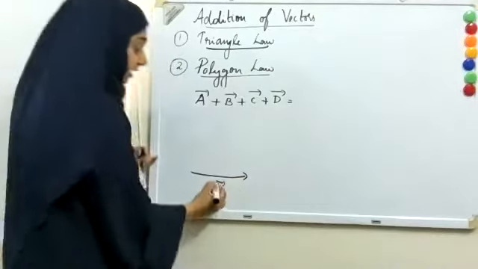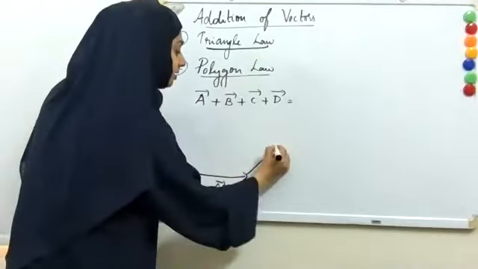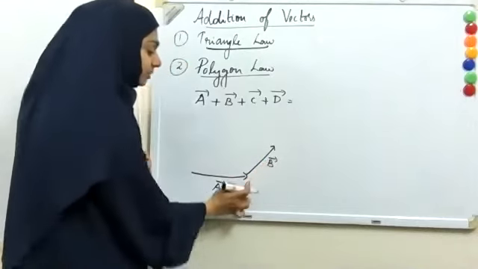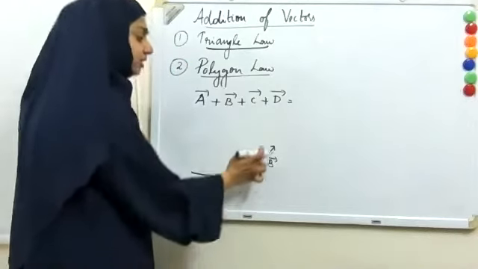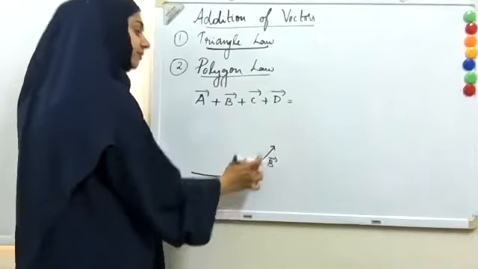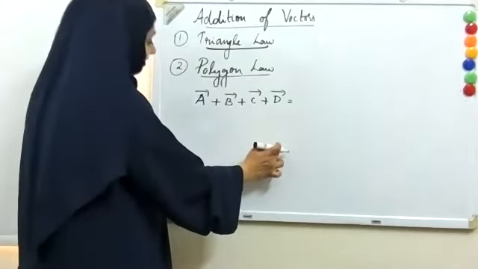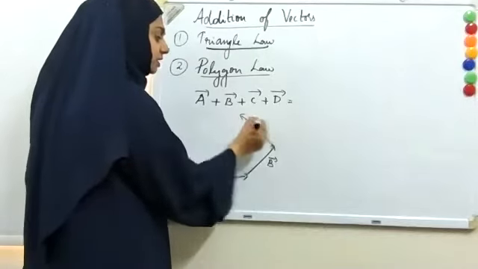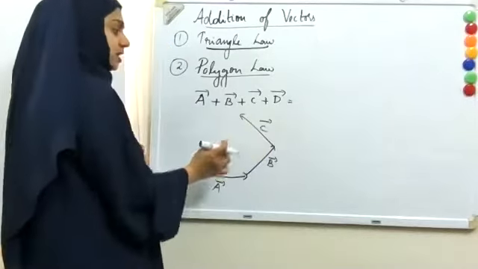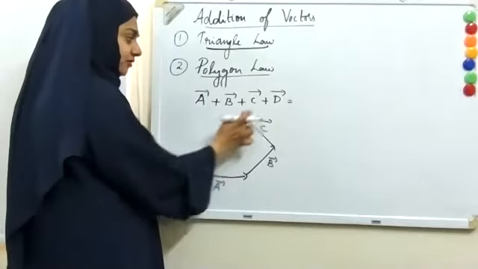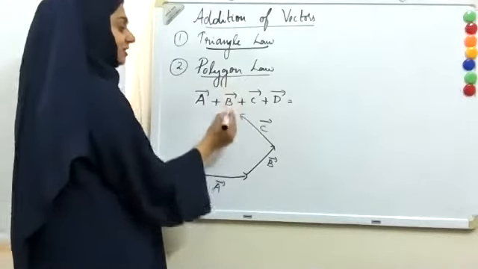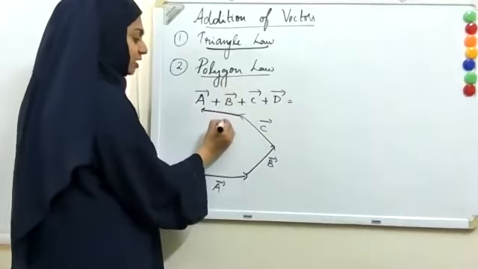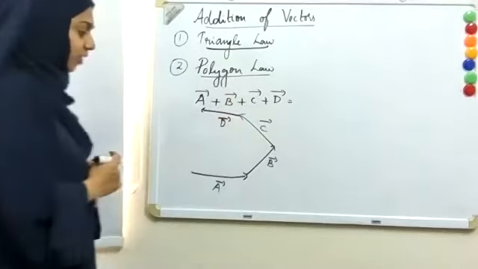Suppose this is vector A. Now I have vector B. So keep the tail of the second vector at the head of the first vector, then the tail of the third vector at the head of the second vector. So vector C I am drawing like this. Now the tail of the fourth vector at the head of the third vector.